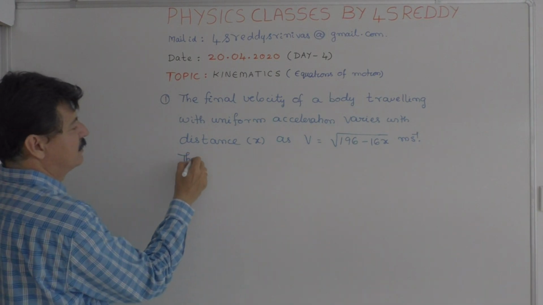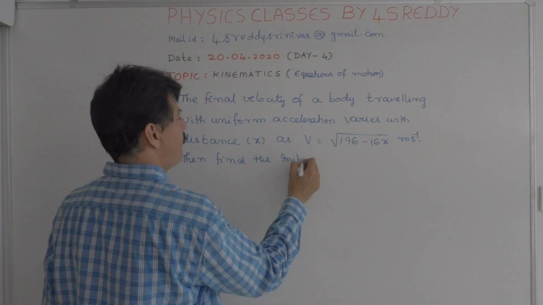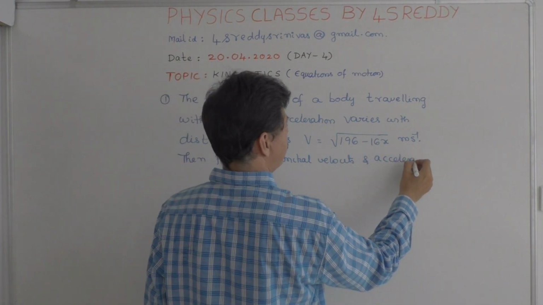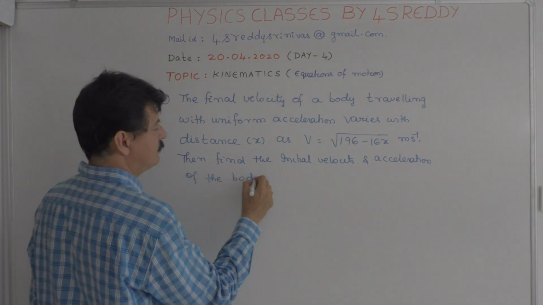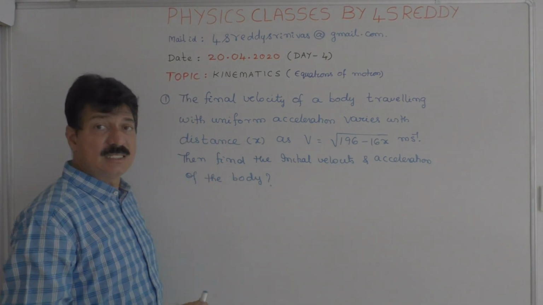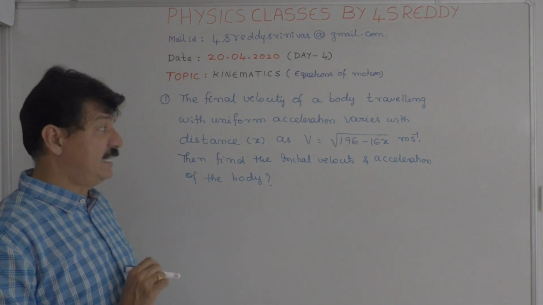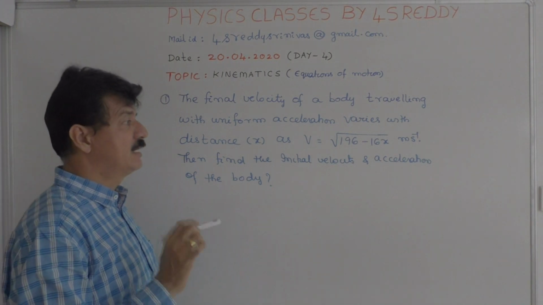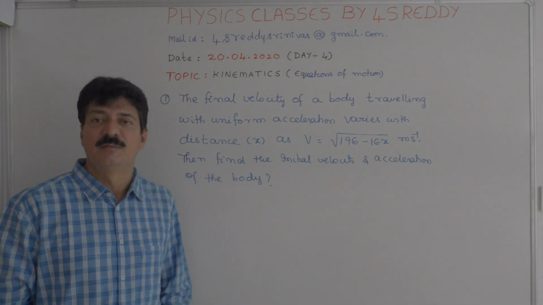Then find the initial velocity and acceleration of the body. This is the point. So, the final velocity of a body traveling with uniform acceleration varies with the distance x as v is equal to root over 196 minus 16x meters per second. Find the initial velocity and acceleration of the body.